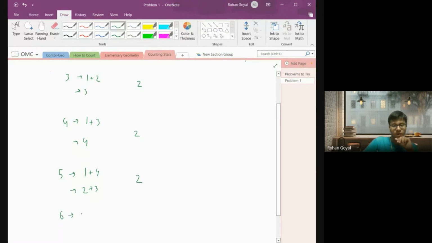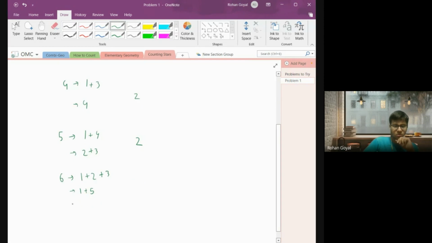And 5 itself, by the way. So with this, you can make the whole thing.